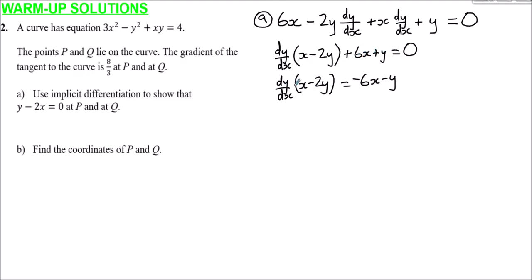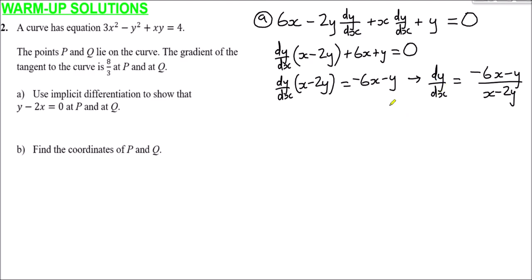I can now divide by x minus 2y. So that gives us that dy by dx must be minus 6x minus y all over x minus 2y. And dy by dx, of course, tells us the value of the gradient of a tangent to any point of a curve.